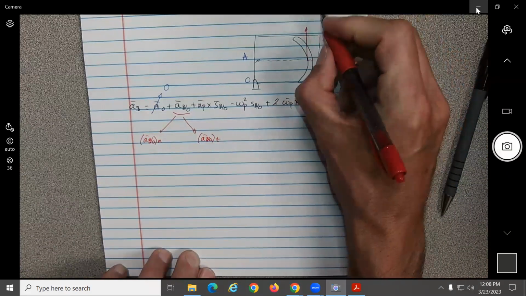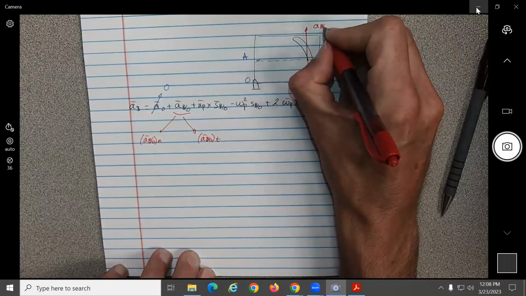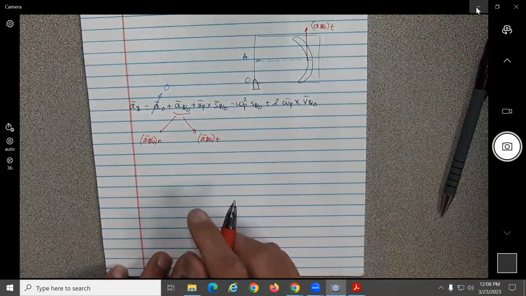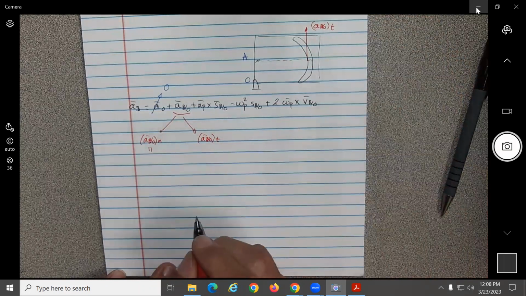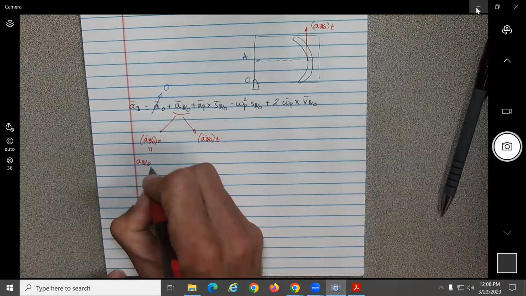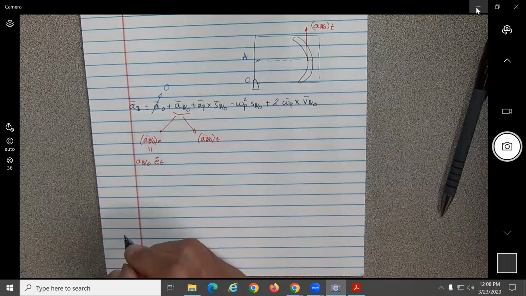The tangential will be this one over here, no? So we could say that this one here will be equivalent to some magnitude times direction, no?